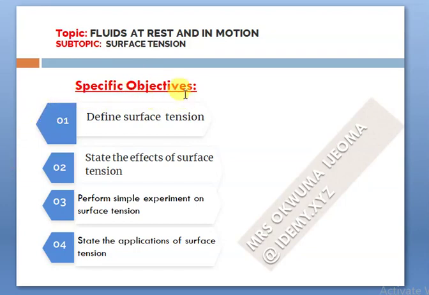By the end of the lesson, students will be able to, number one, define surface tension. Secondly, state the effects of surface tension. Thirdly, perform experiments on surface tension. And fourthly, state the applications of surface tension.